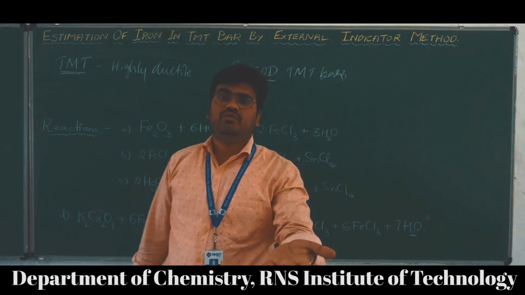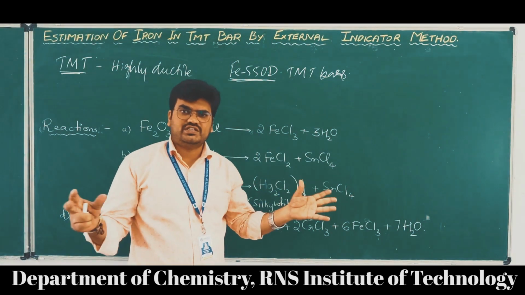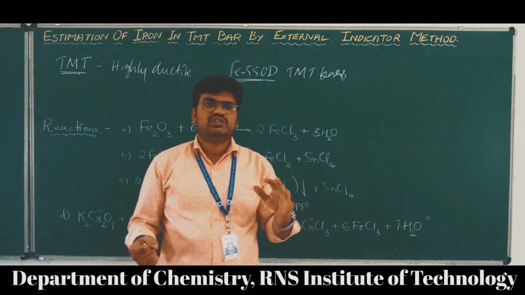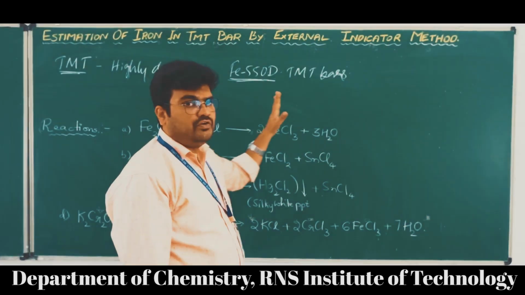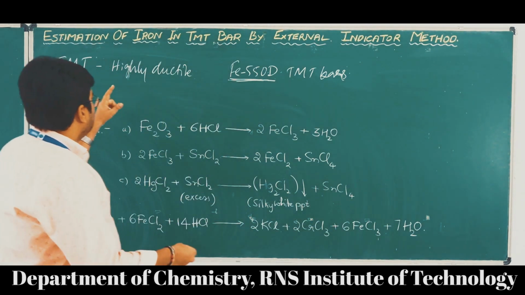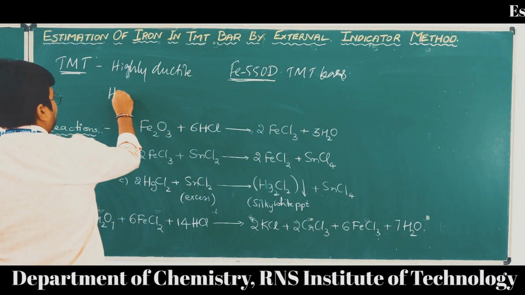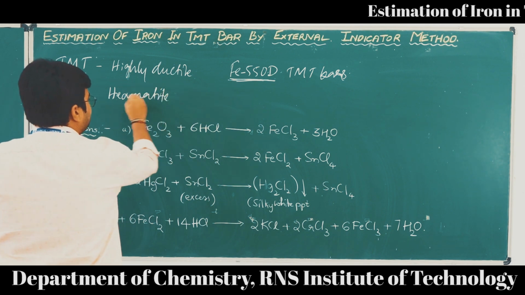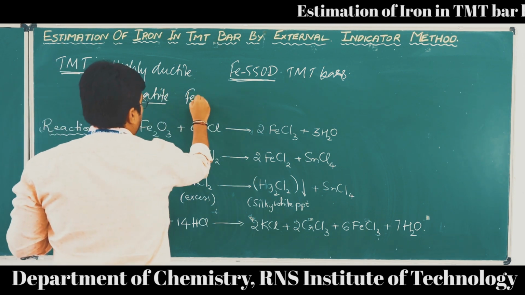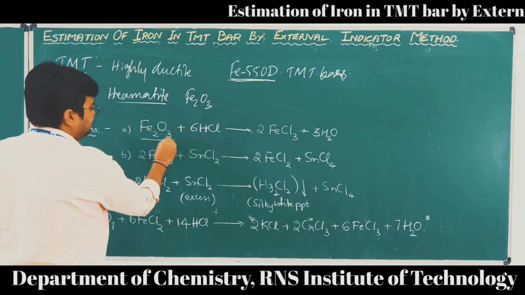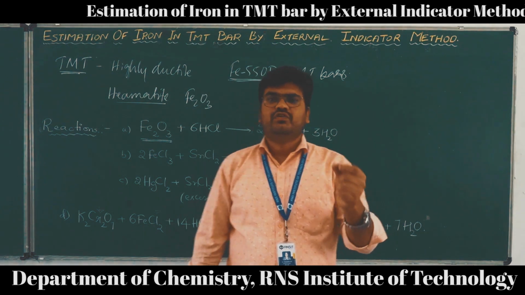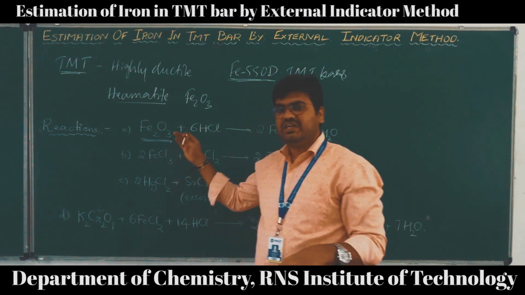There are many iron ores, like hematite, magnetite, siderite, pyrite, etc. Out of that, hematite is the most common ore, and its formula is Fe2O3. This hematite ore consists of a small amount of silica and other impurities.